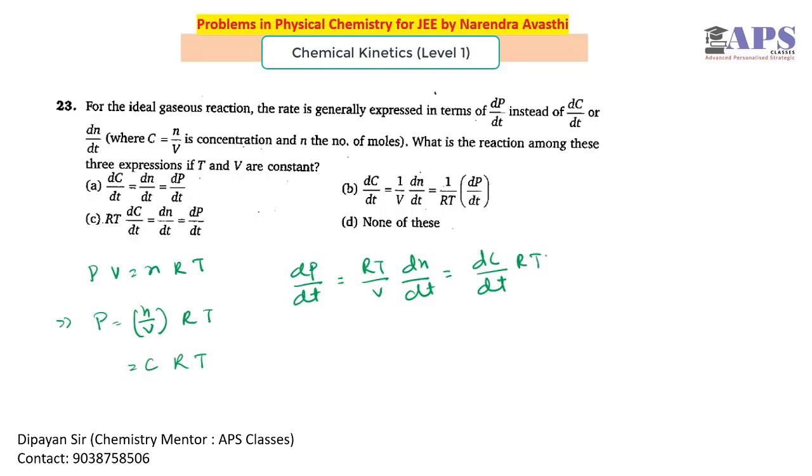Or we can write 1 by RT dP by dt equal to 1 by V dn by dt equal to dC by dt. The option B will be the correct option.